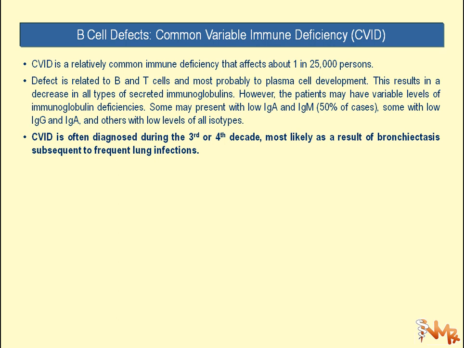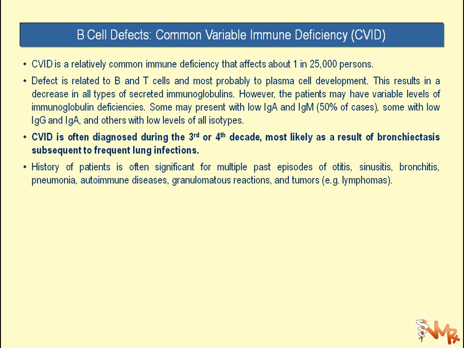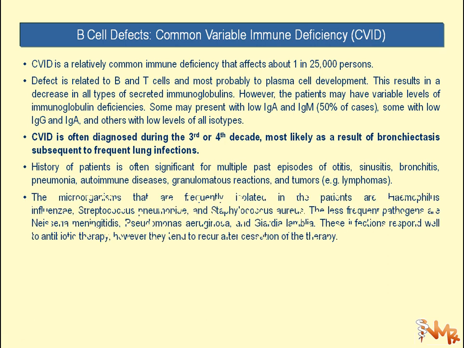History of patients is often significant for multiple past episodes of otitis, sinusitis, bronchitis, pneumonia, autoimmune diseases, granulomatous reactions, and tumors such as lymphomas. The microorganisms that are frequently isolated in the patients are Haemophilus influenzae, Streptococcus pneumoniae, Staph aureus.